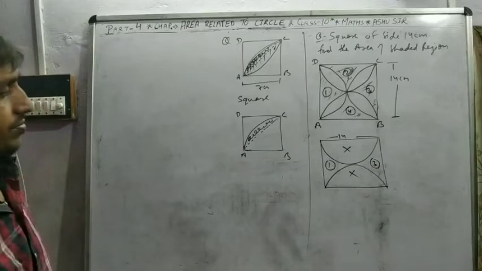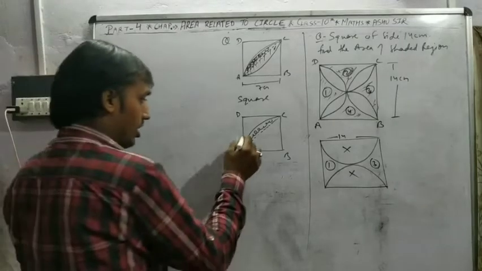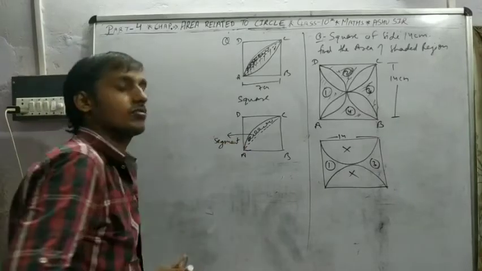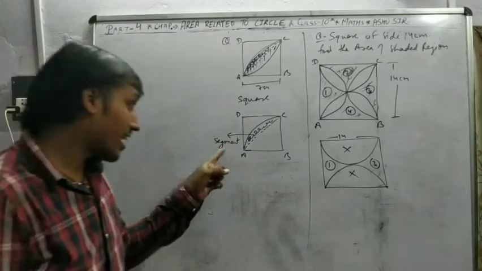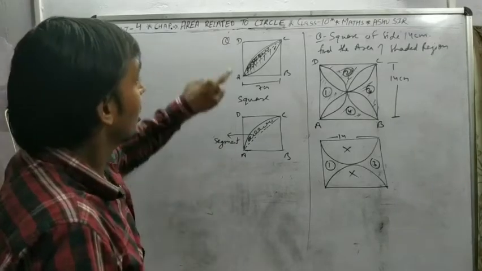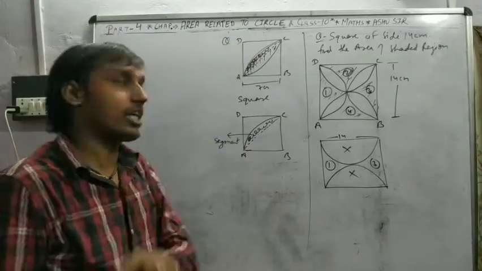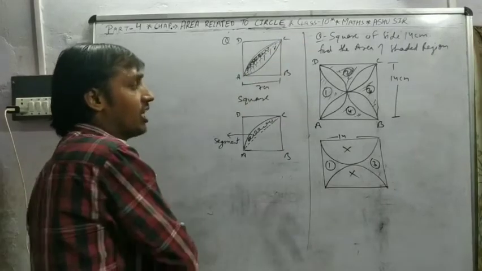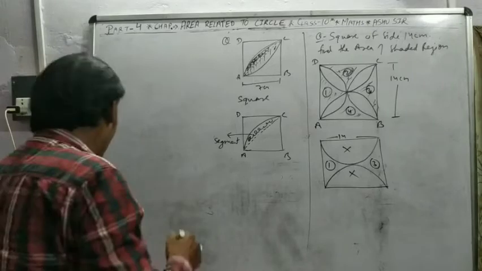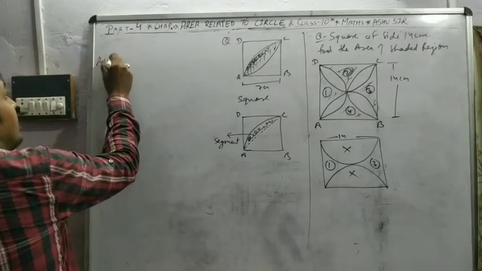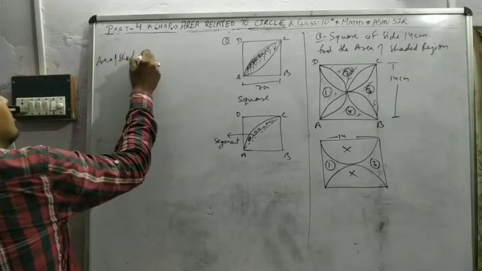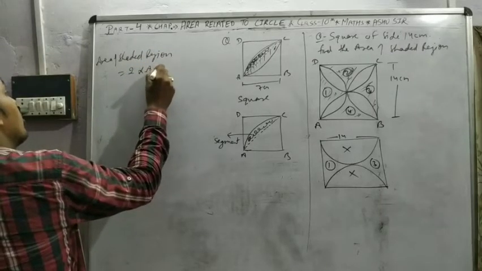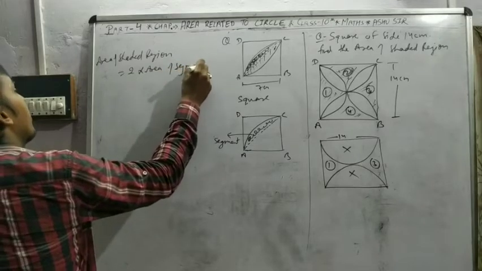What is this part? This is the segment. This is the segment. And if I say this leaf is the combination of two equal segments, one from upward, one from downward, this is the separate line AC. So if I say area of shaded region is equal to 2 into area of segment. Are you agreed?